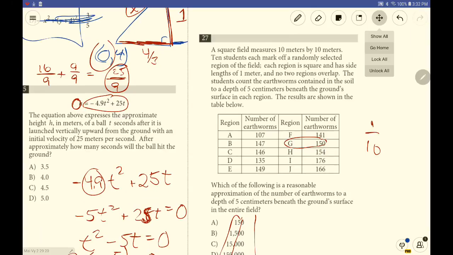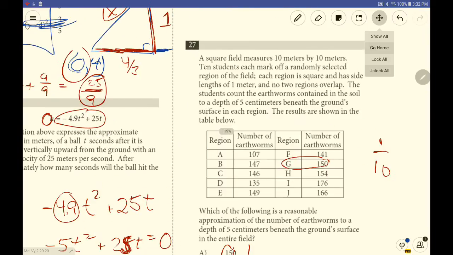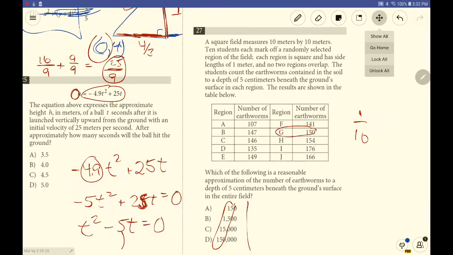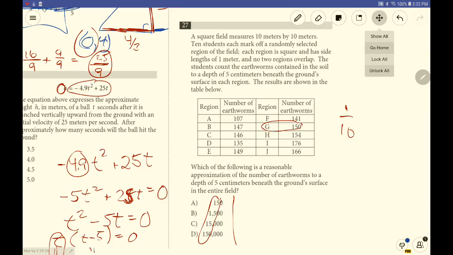Number 27 is actually about an estimating problem. They have each of these little plots, each of which is 1% of the whole field. And they count the number of earthworms, and they want to know what's an approximation for the total number of earthworms in the whole field. So given that you look at the answers and they all contain 1, 5, 150, 1500, 15,000.